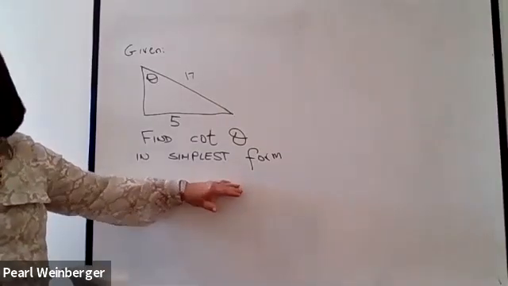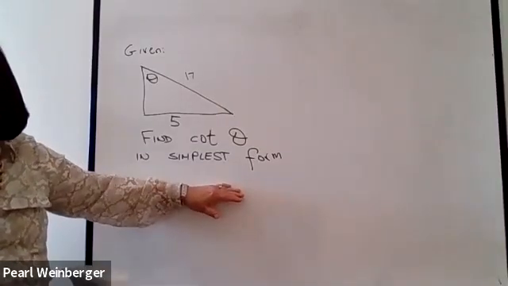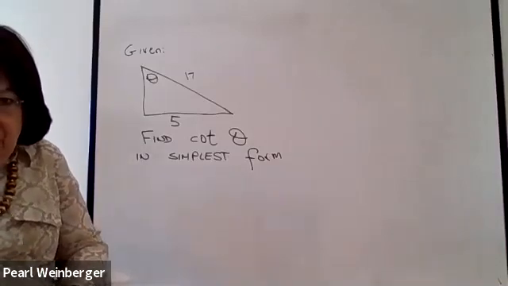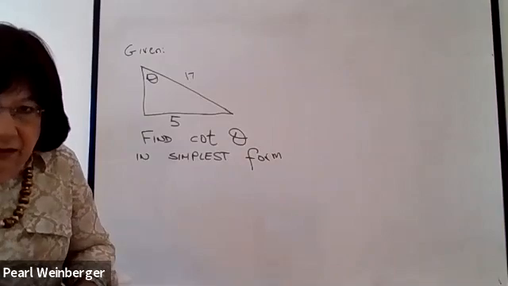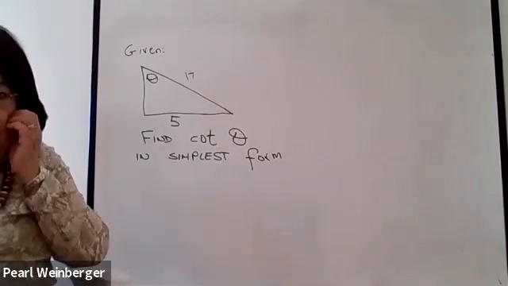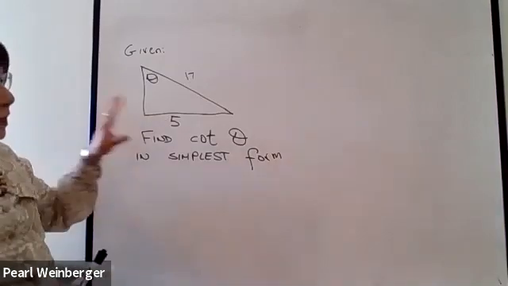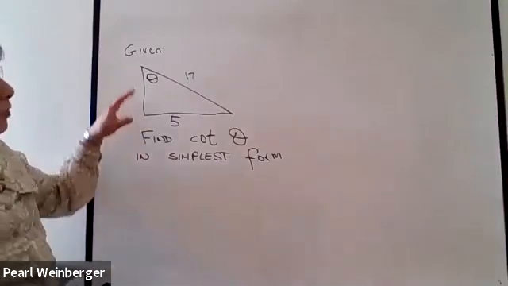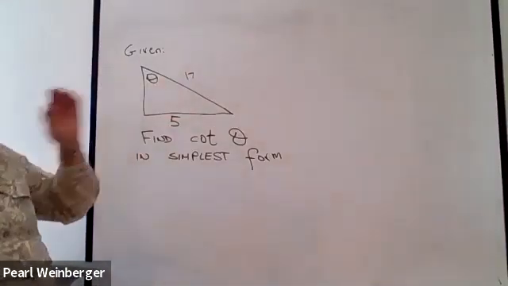Anybody want some more time to do this? Or should we just go to this directly? Okay, this is a very typical type of question you might see on the final. They will give you a picture of a triangle.